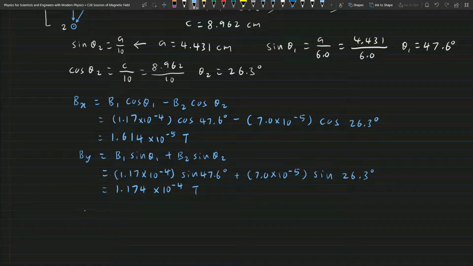So to find the net magnetic field, we get the square root of Bx squared plus By squared.